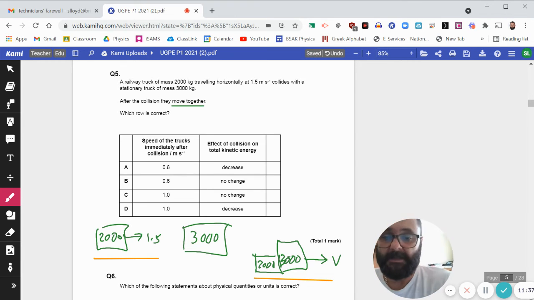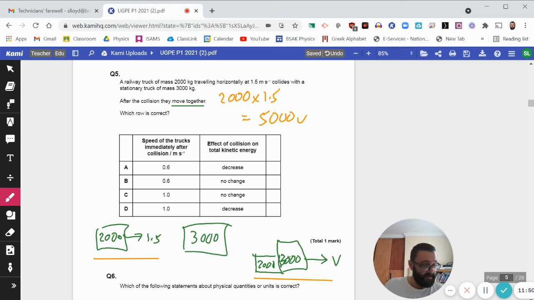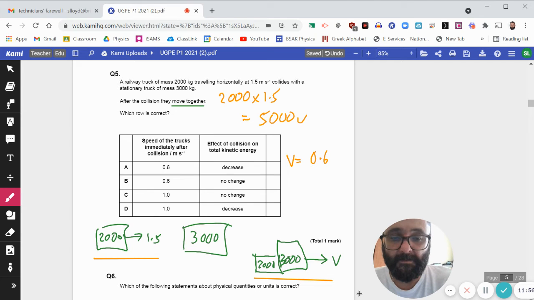So we've got 2,000 times 1.5 equals, well, the total mass is 5,000 times v. Okay, so that gives us a v of 0.6 meters per second. Okay, so it's got to be A or B, but which one?